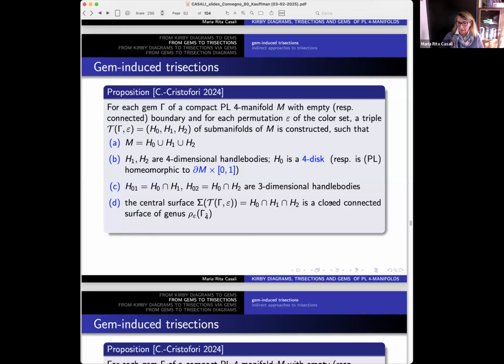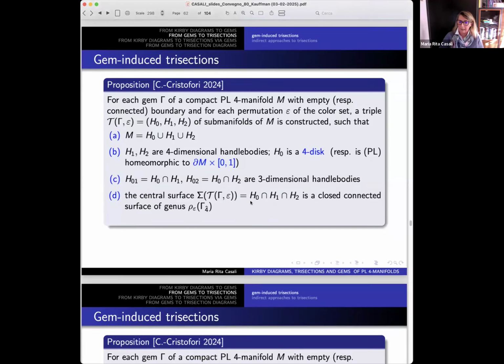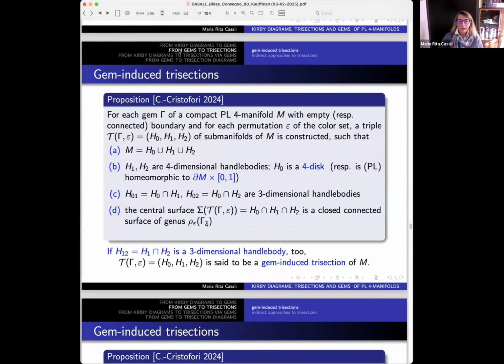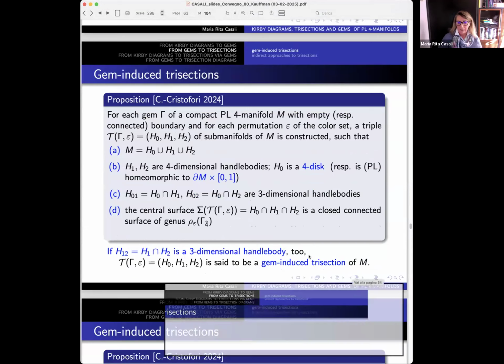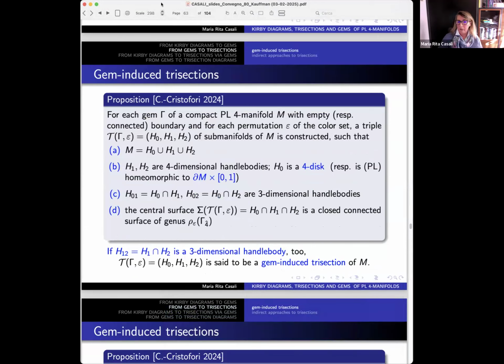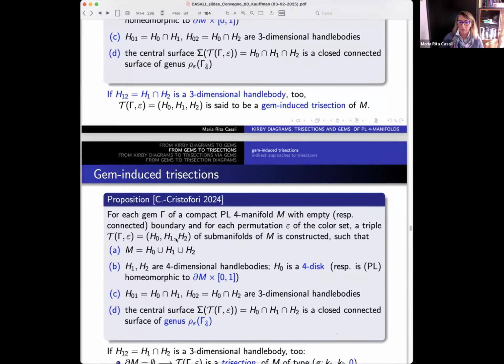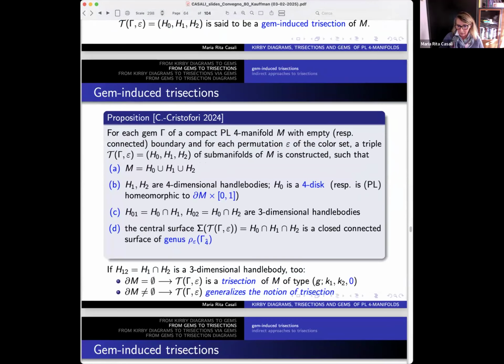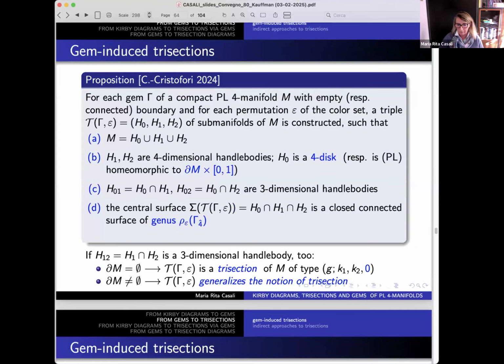All three pieces intersect in a closed surface, but only two of the pairwise intersections are ensured to be handlebodies. Obviously, we are interested in the case in which also the third three-dimensional intersection is a handlebody. If this happens, the decomposition is said to be a gem-induced trisection, since it is an effective generalization to the connected boundary case of the notion of trisection.